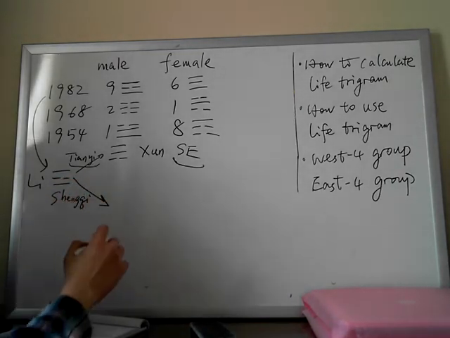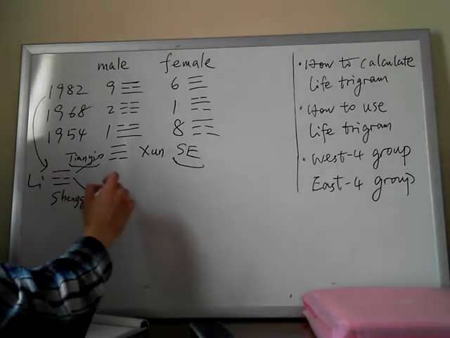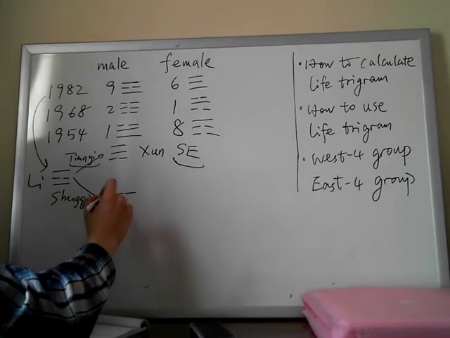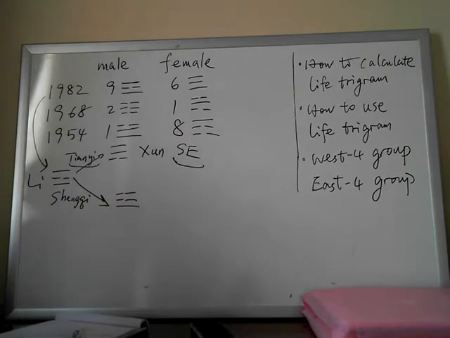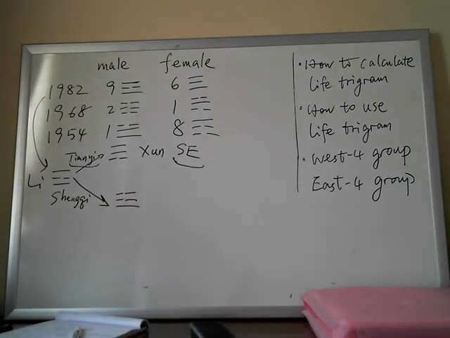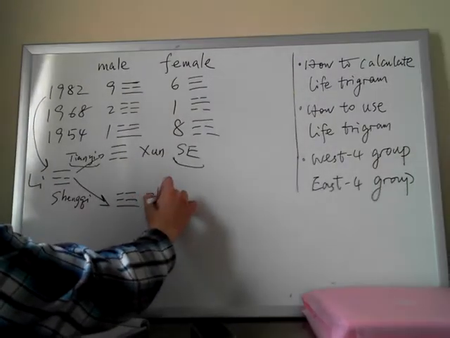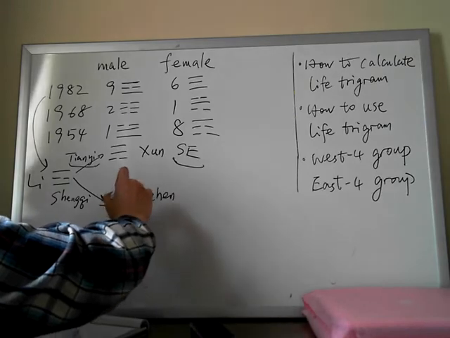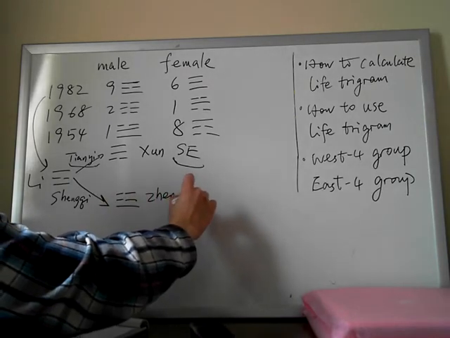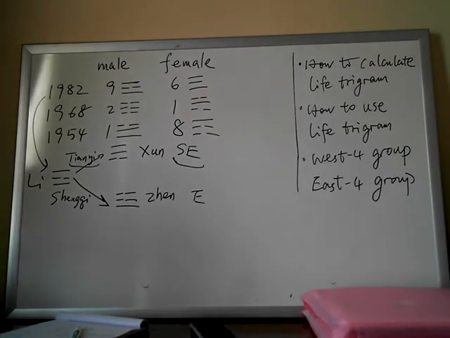Remember how you get Shengqi? You change the top line of the trigram from a single line to a divided line. So that is Zhen, which is the east. Facing east is another great choice for this person.